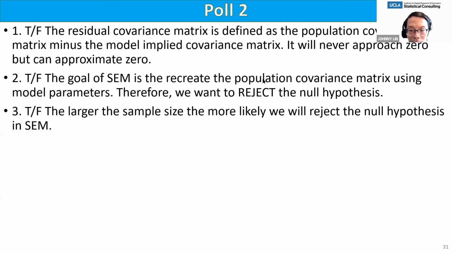Second, the goal of SEM, or I actually mean CFA, it's the same thing, is to recreate the population covariance matrix using model parameters. Therefore, we do want to reject the null hypothesis. And then finally, the larger the sample size, the more likely we will reject the null hypothesis. I'm talking about CFA too.